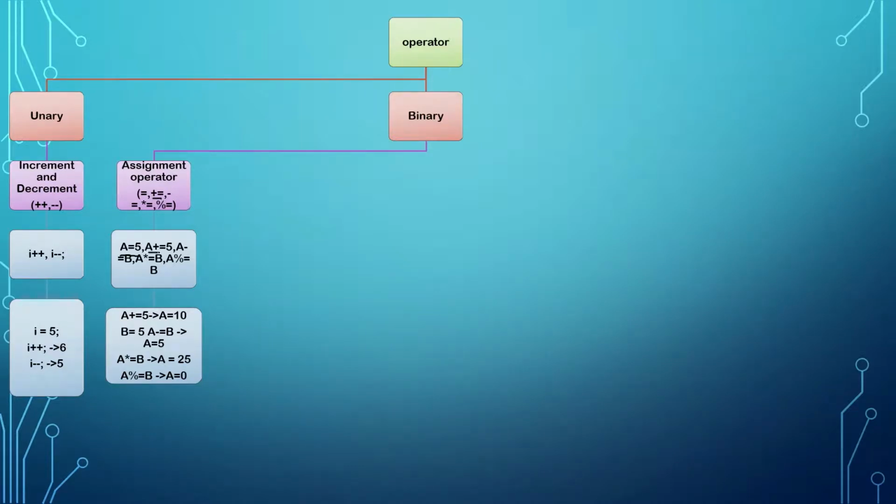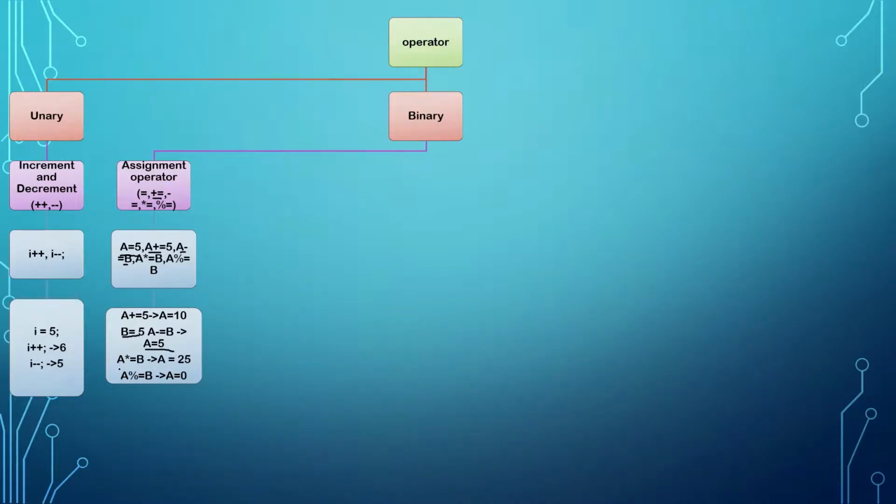Now the value is incremented and stored in the variable a. Next, a is subtracted from b and the result is stored in b. If the value is 5, a and b are subtracted: 10 minus 5, the value is 5. It is stored in the variable a.